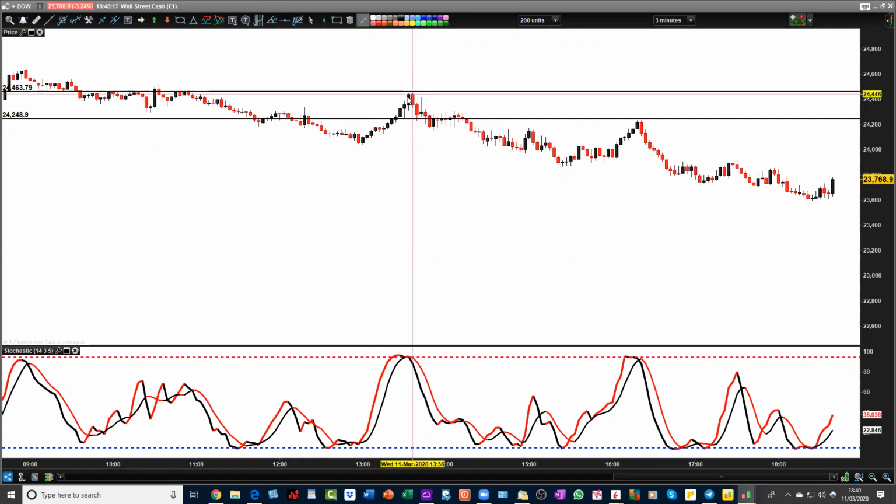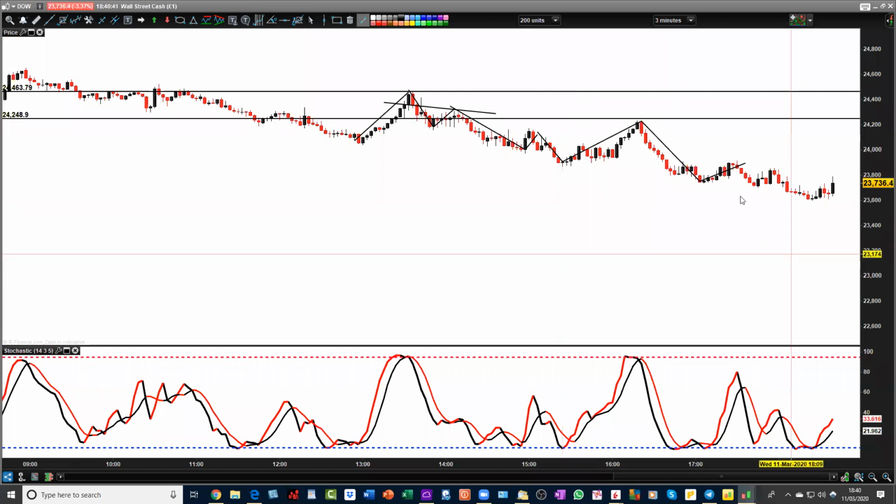So we look good into the open, but that's prior to the open. So we broke down, pushed back to close to the midpoint, and then just started working our way to the downside. So we had a 1, 2, 3, 4, 5, and a 1, 2, 3 wave correction.